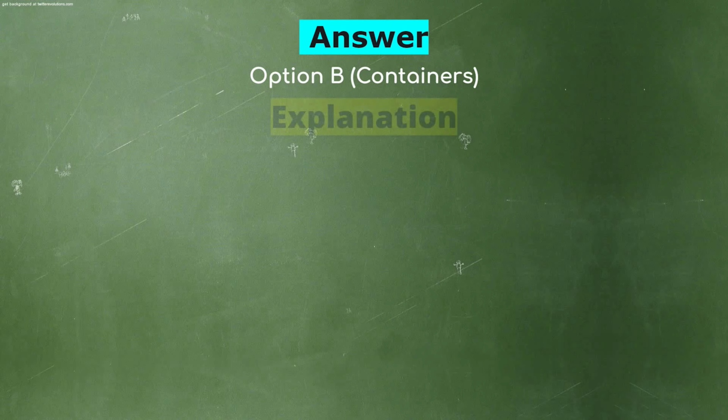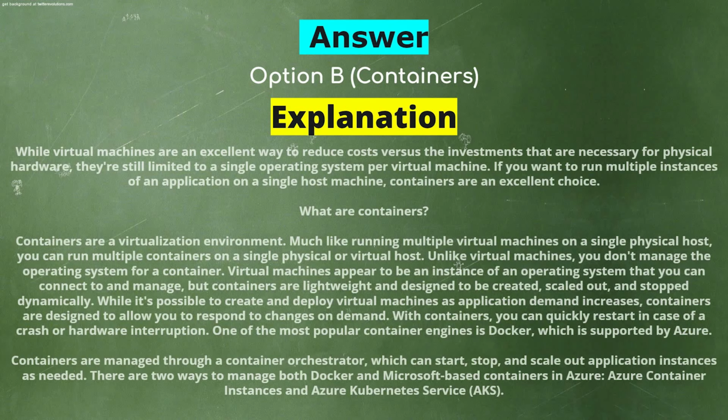Containers. Explanation. While virtual machines are an excellent way to reduce cost versus the investments that are necessary for physical hardware, they are still limited to a single operating system per virtual machine. If you want to run multiple instances of an application on a single host machine, containers are an excellent choice. What are containers? Containers are a virtualization environment.